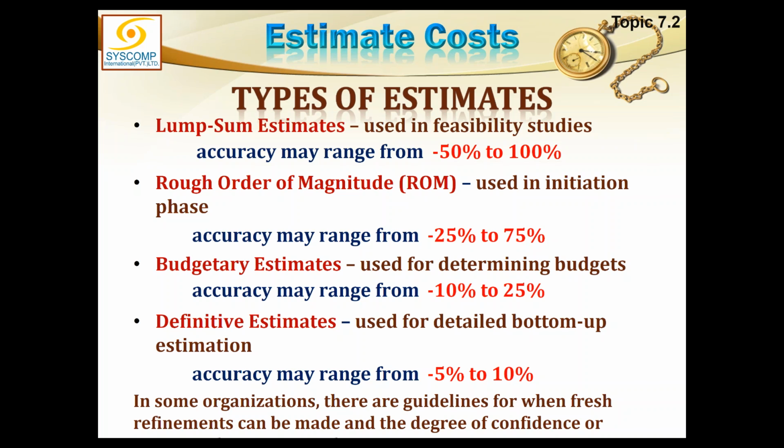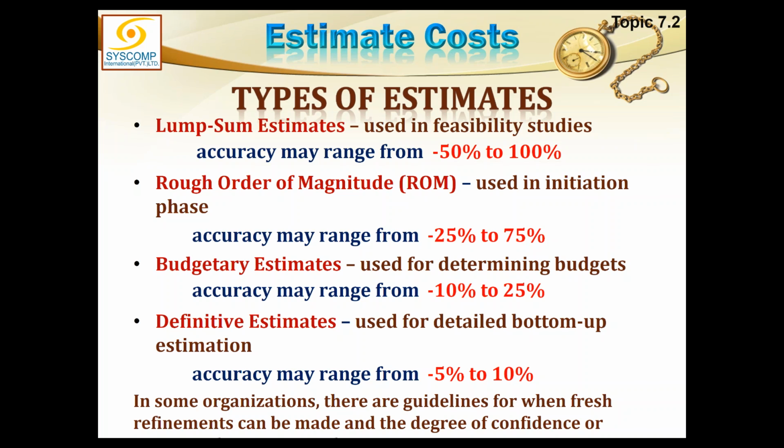Then comes the project manager himself who makes the definitive estimate, and that is the detailed estimation which is done in estimate cost. And this is done bottom up. That is, each and every item is calculated and an amount is allocated to it, and then at the end of it, all the amounts are aggregated to find the total estimate.